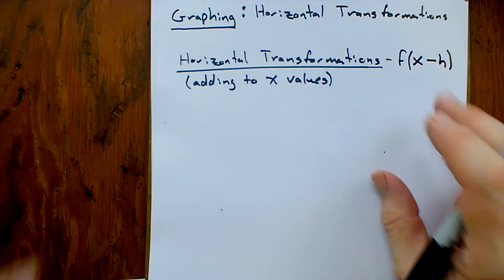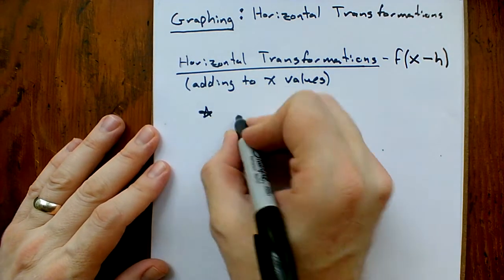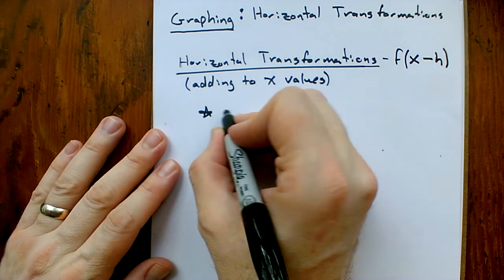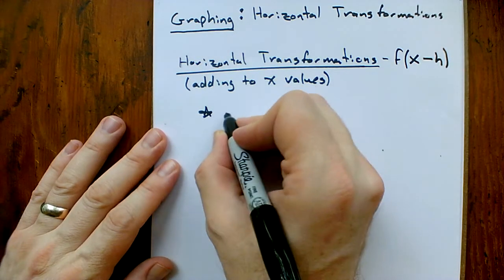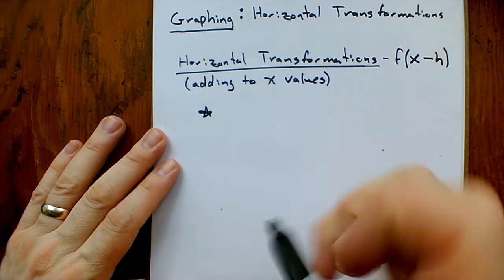Because what happens, and this one's a little bit tricky, if I am subtracting something from my x, then I'm going to be moving things further to the right.